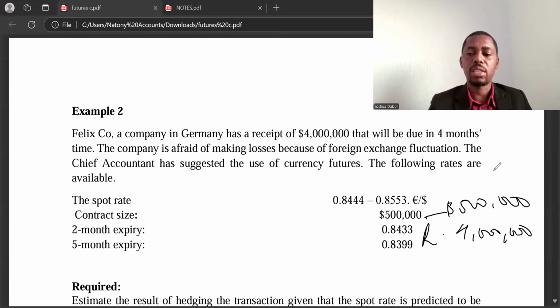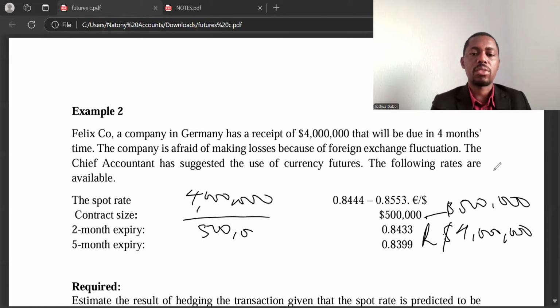So both the contracts and the receivable are in the same currency. So there's no need doing any conversion. Therefore, how many contracts should be bought? Just simple 4 million over 500,000. So eventually the company will buy 8 contracts. So this is a perfect hedge. Company is going to buy 8 contracts.